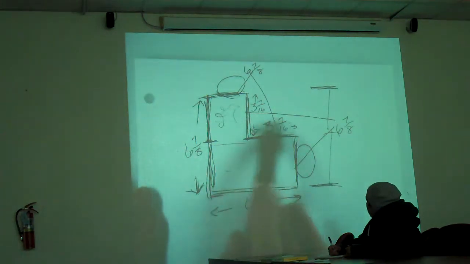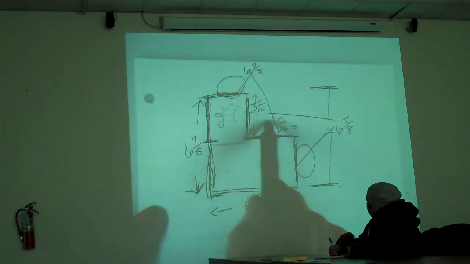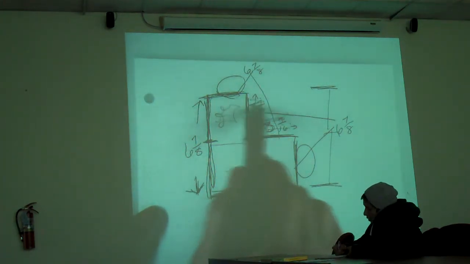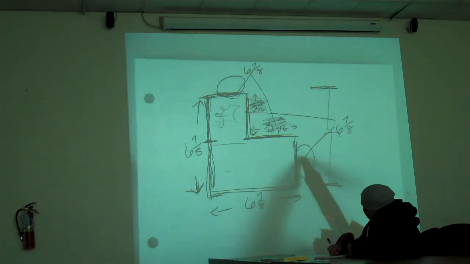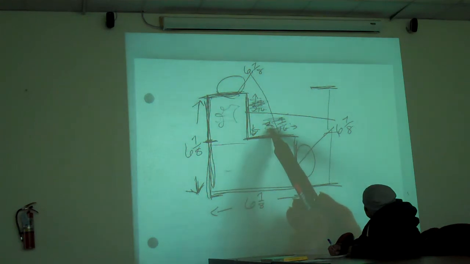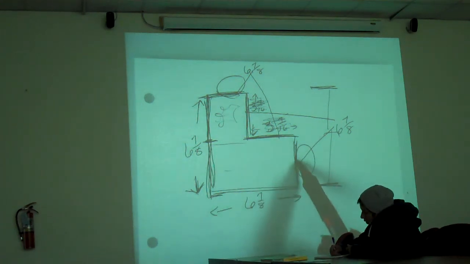So these parts don't even really matter. You can kind of just forget that they even gave you those numbers. If they wanted to know this, you could have subtracted that from this and found it, but you don't even have to use those numbers.